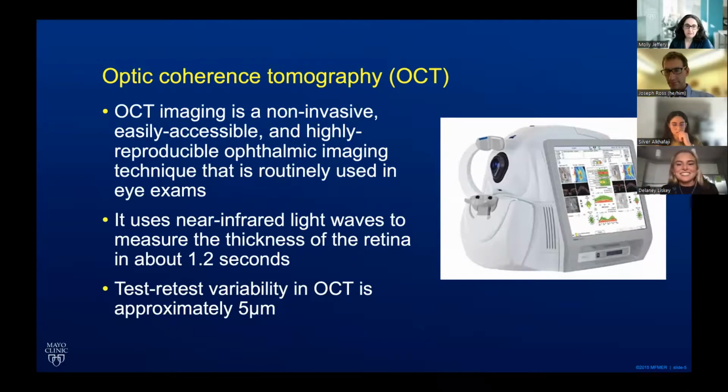It's considered highly reproducible, as the test-retest variability in OCT is approximately 5 microns. And so we are interested in applying this non-invasive imaging approach to confirming recurrent optic neuritis.